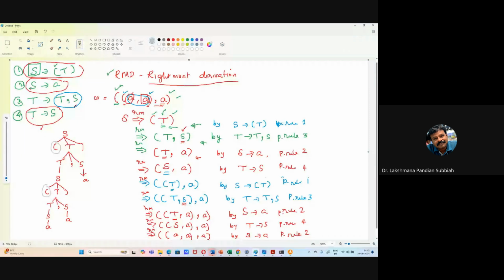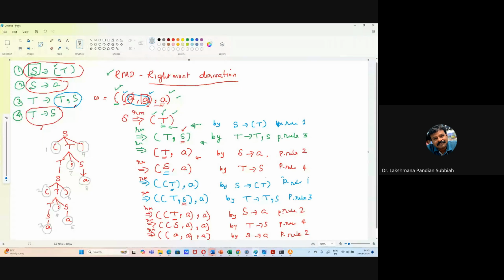Open bracket, A, comma, A, close bracket, comma, A, and then close bracket, final close bracket. So that is 1, 2, 3, 4, 5, 6, 7, 8, 9. So that sequence we are getting now.